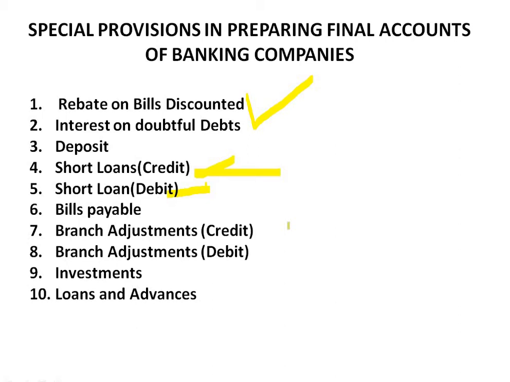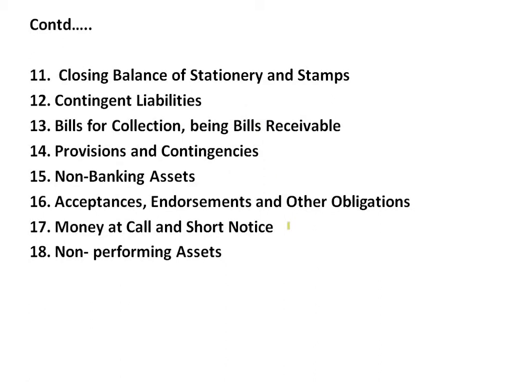Point number 9 is investments which are made by the banking company outside its business transactions. Then loans and advances provided by the bank to the outsiders. Then the closing balance of stationery and stamps is also considered for the preparation of final accounts of companies, along with the contingent liabilities.